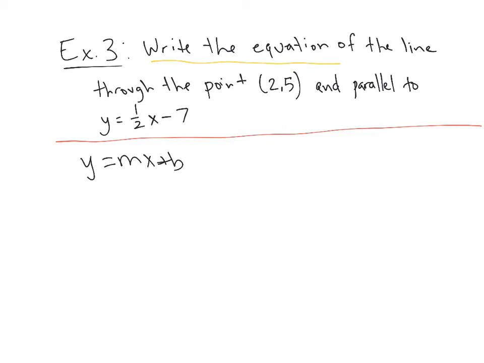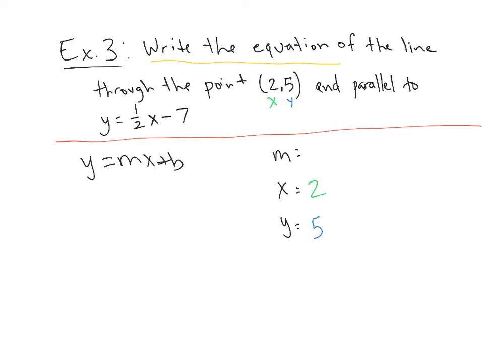And it's going to be similar to our first day of section 4.3. I'm going to need an m and then an x and a y, and then I'm going to solve that out for b, and then I'll be able to write my equation y = mx + b. From my given information, I know that my x value is going to be 2, and my y value is going to be 5.